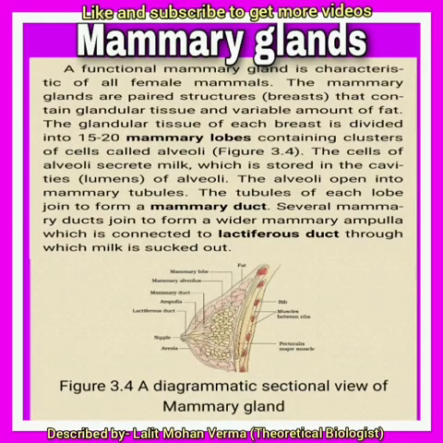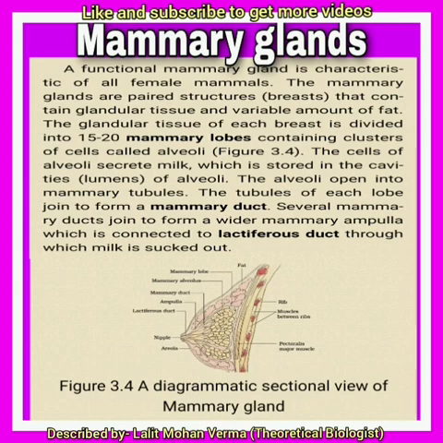Now, mammary glands. A functional mammary gland is characteristic of all female mammals. The mammary glands are paired structures, also called breast, that contain glandular tissue and a variable amount of fat.